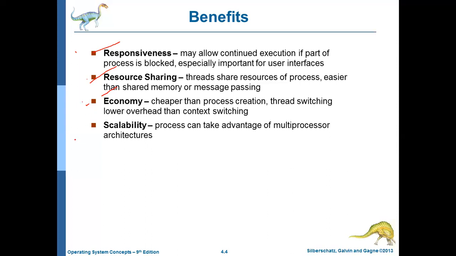And finally, the last benefit is scalability. A process can take advantage of the multiprocessor architecture. Because of the multiprocessor architecture, the scalability advantage is taken into account. So these are the four benefits of any multi-threaded programming language or platform.